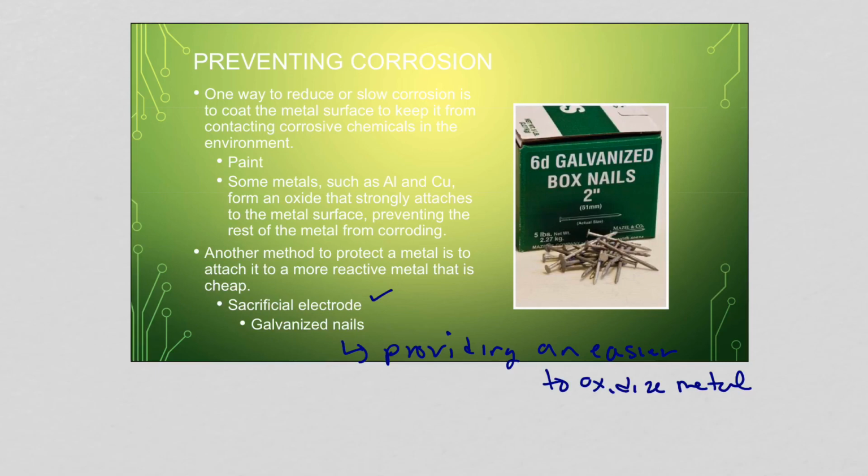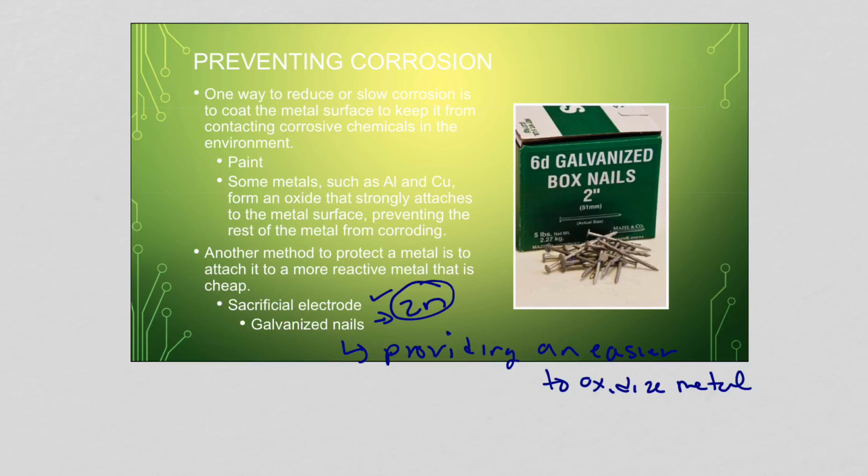like, for example, galvanized nails. These have been coated with zinc. So we take a basic iron nail, we coat it with zinc. Zinc, if you look at your reduction potentials, is going to be more negative, or easier to oxidize, than iron.